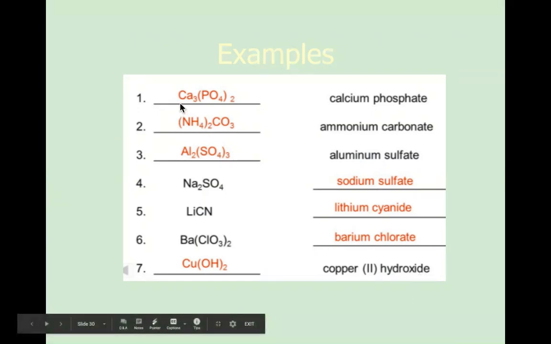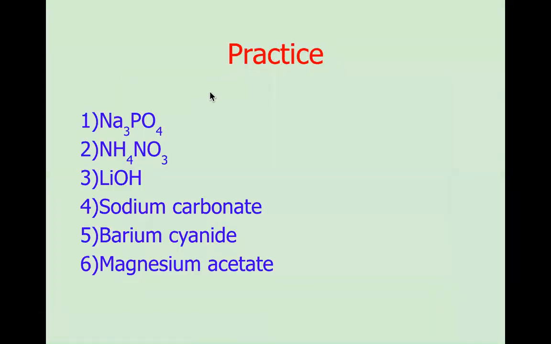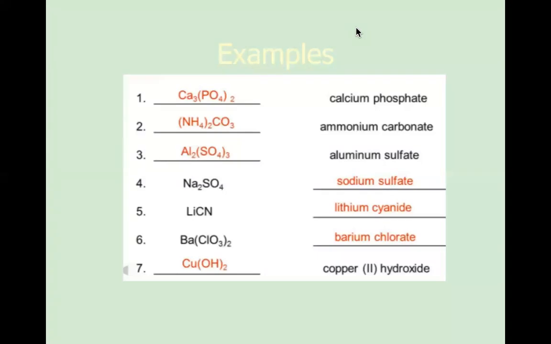So first example, Ca stands for calcium. First name, calcium. Then the last name, PO4. Check PO4 in the polyatomic list. You know that is phosphate.